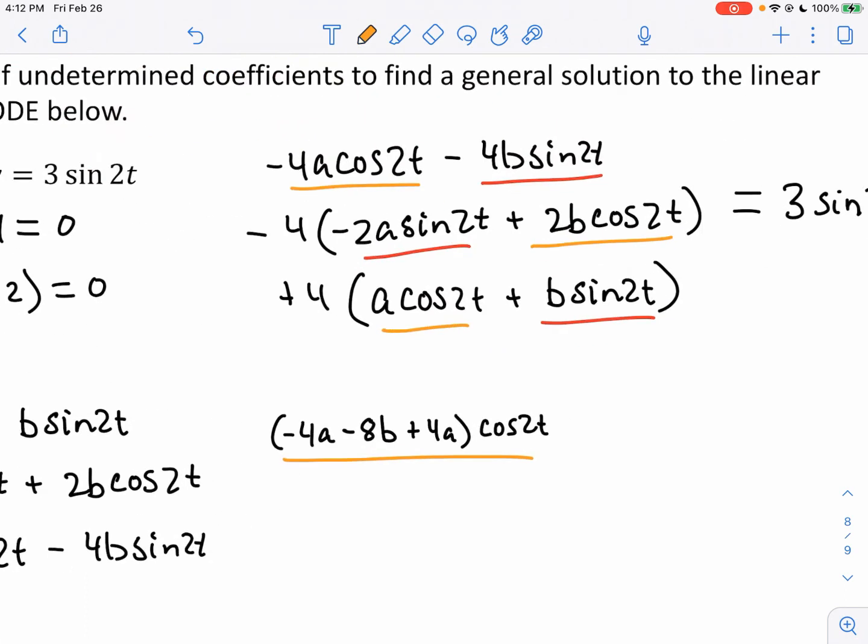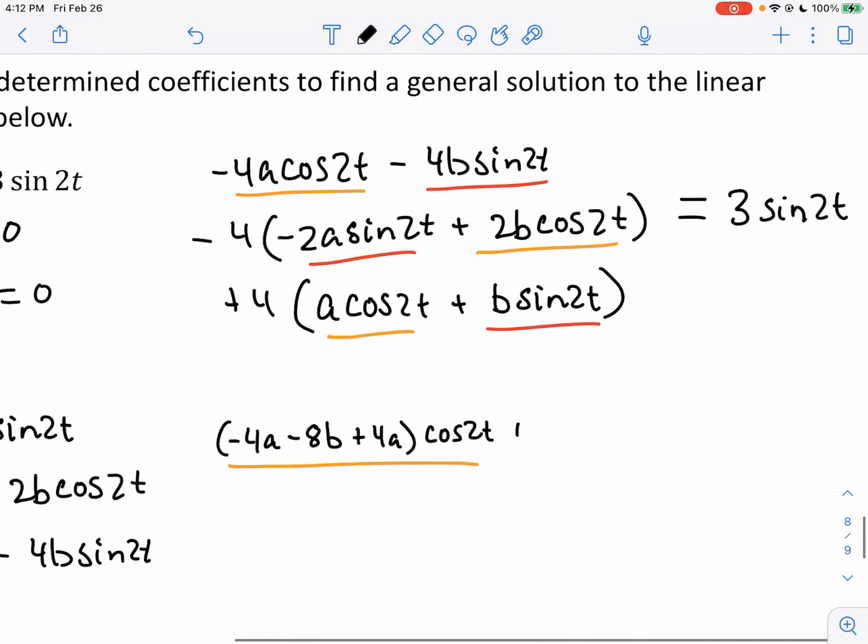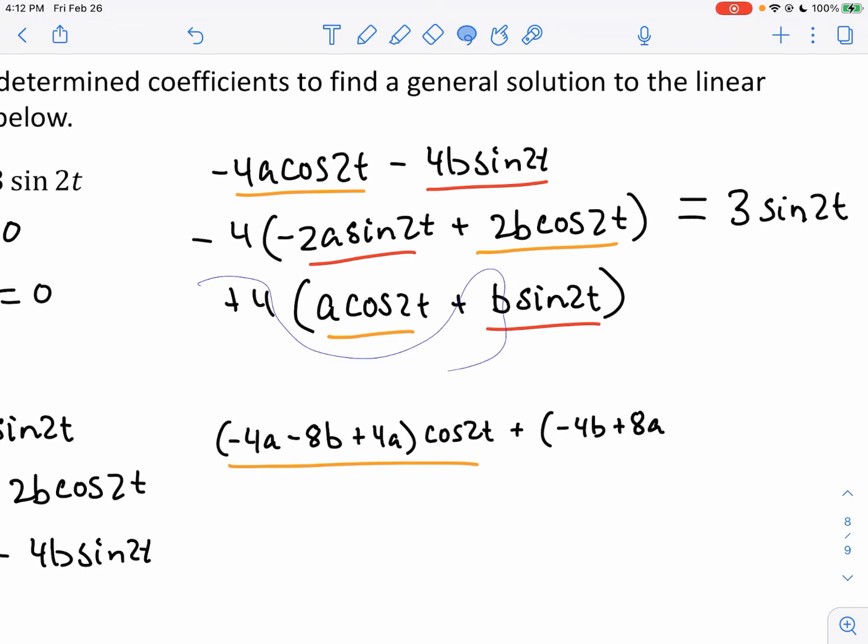Okay, next, let's gather the reds together, all the sines. So I'm going to put a plus and then parentheses. We have a negative 4b in front of this sine, so negative 4b. We have a positive 8a in front of a sine, and we have a positive 4b.